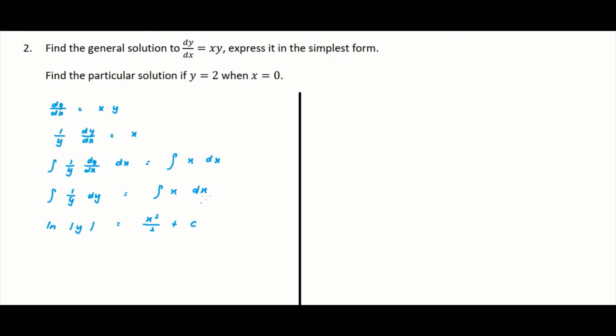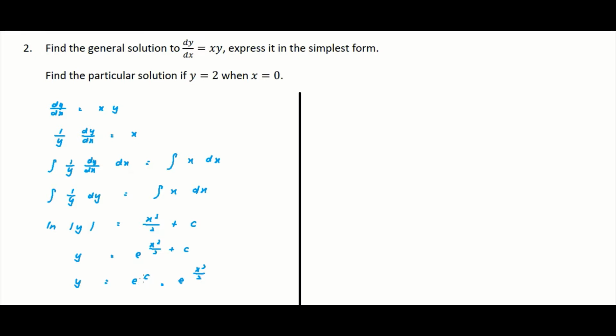Then after that, you need to express it into the simplest form first, for the general solution. So how do we solve this? You have y equal to e to the power x squared over 2 plus c. Is this in simplest form? No, we can further split it. So y equal to e to the c multiplied by e to the power x squared over 2.